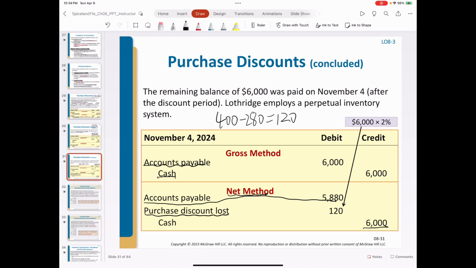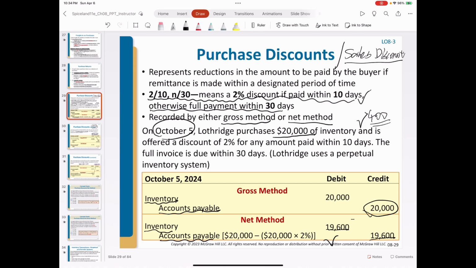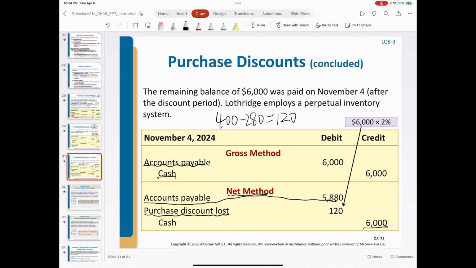Under the net method, the total discount is the difference between the assumed $400 here and the discount forfeited. The balance of assets and the income statement are not affected by these two methods. But the net method again is preferred.